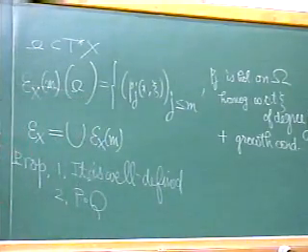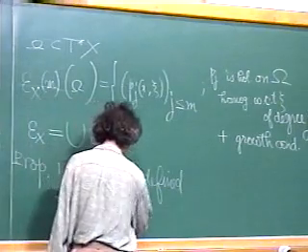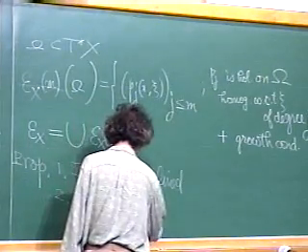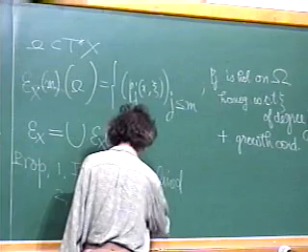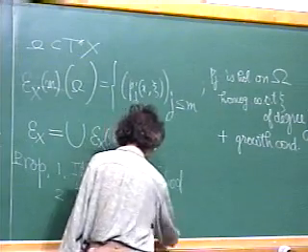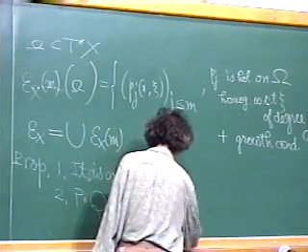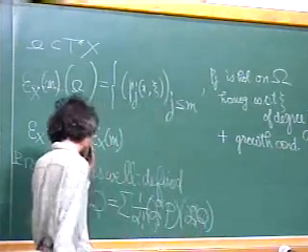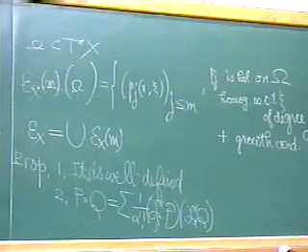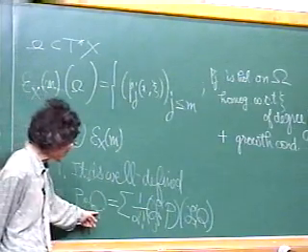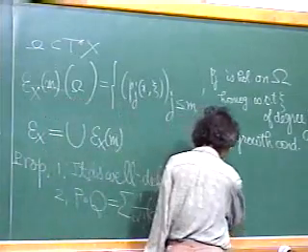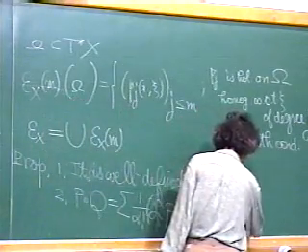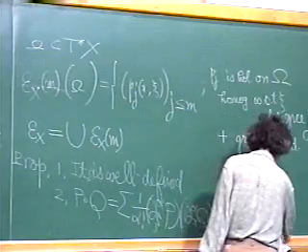And secondly, we can define the product of two things. More or less, like the Leibniz rule for differential operators, that is a well-defined product so that EX is a sheaf of rings.